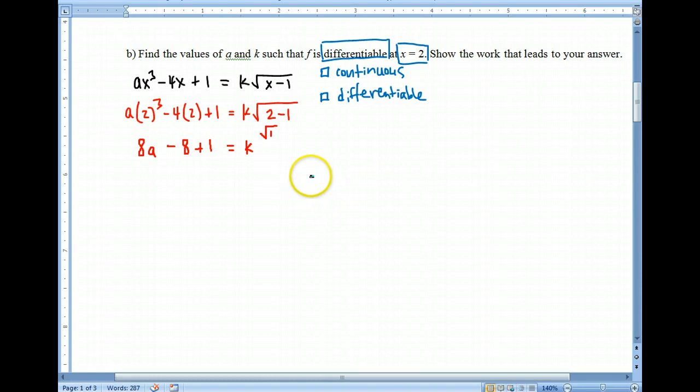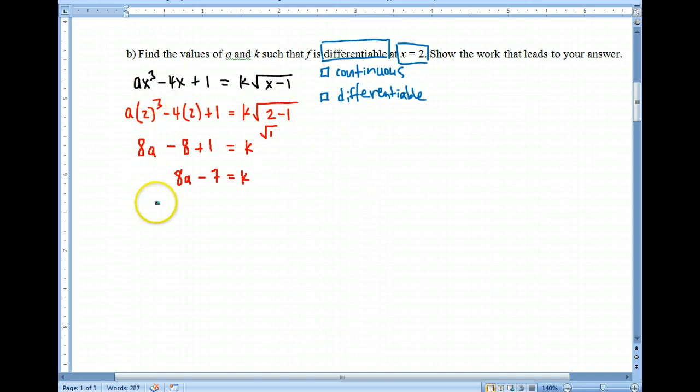What is k? The only thing I can do right now is simplify this a little bit more. I can write 8a. So what's the problem here? I have 2 variables, so I can't solve for 1 because I'm just going to get another variable.